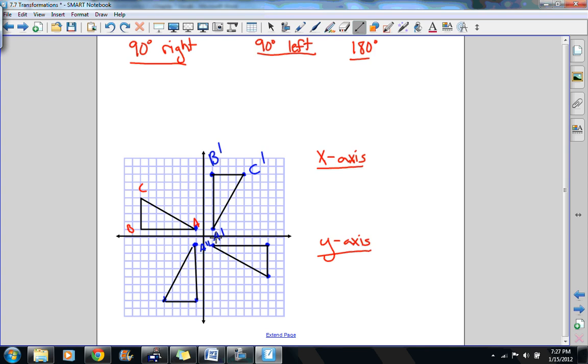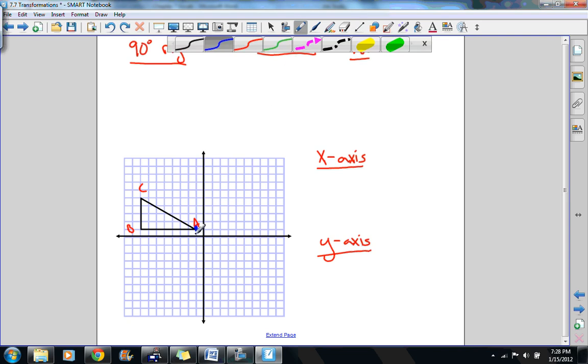Okay. So at this point, I'm going to erase back to the original so we can do the x-axis and y-axis. Okay. X-axis, we'll take A and we're going to flip it over. A prime. B will go 1 over. B prime.